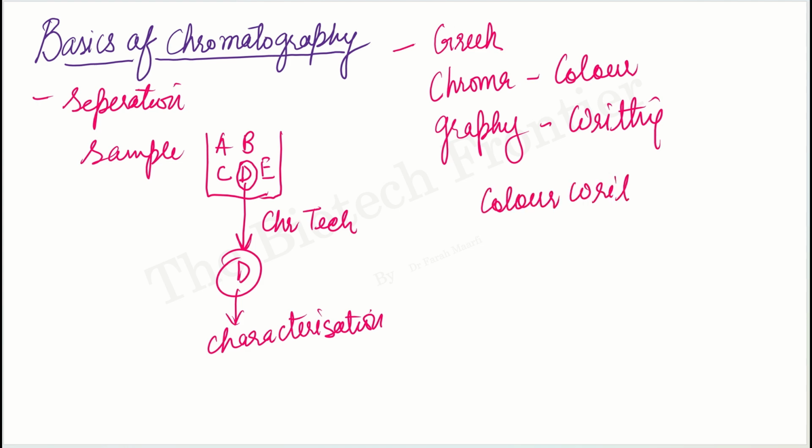By means of color writing, you can easily separate out the components of a mixture. Chromatography is a separation technique, and also an identification technique, by which you can characterize or study the components present in any mixture, or separate out the particles and go for characterization.